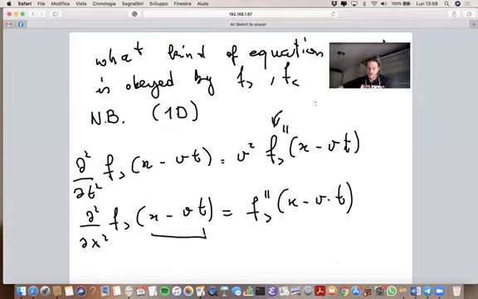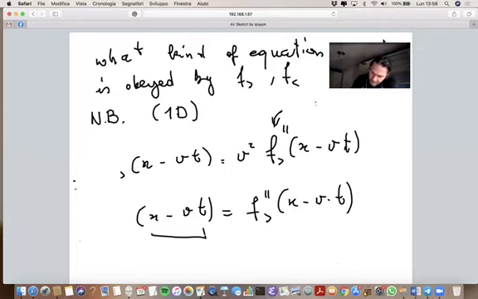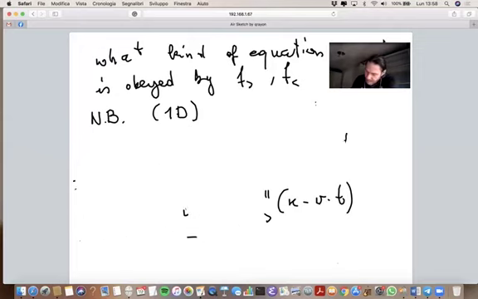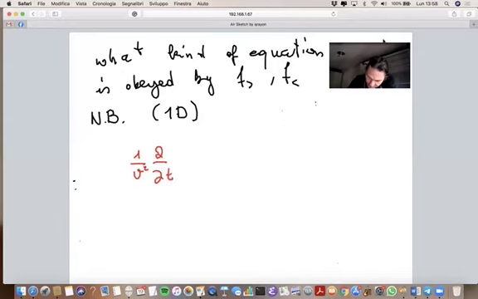So we came to the conclusion that the forward propagating waves obey this very specific differential equation.